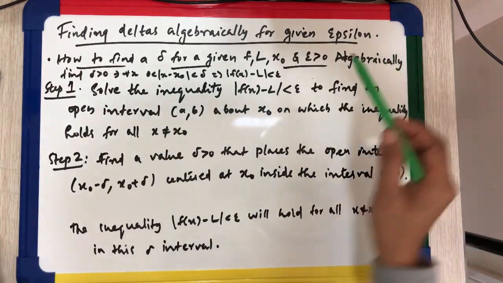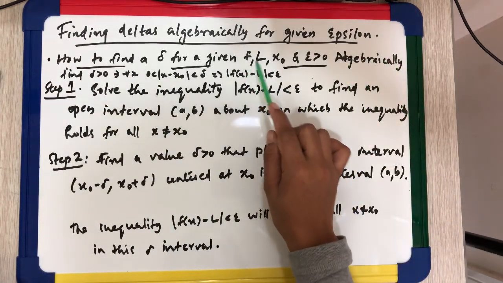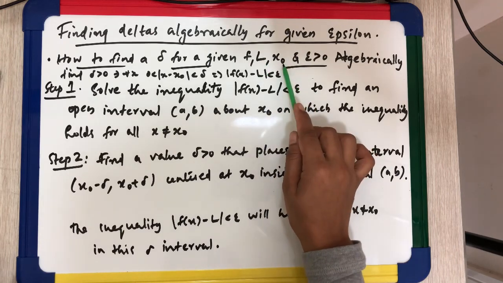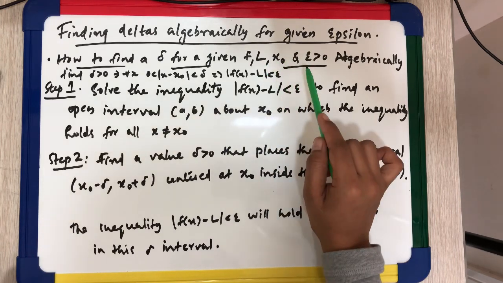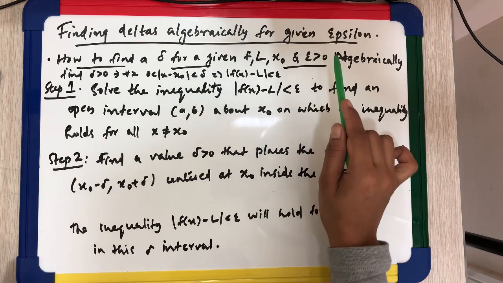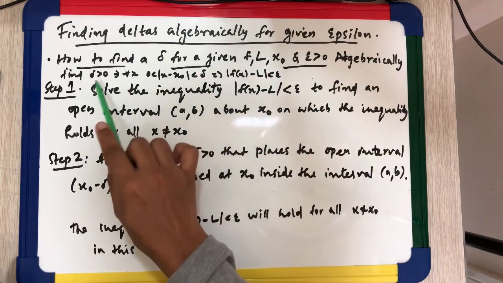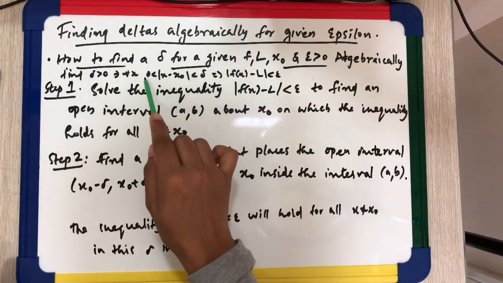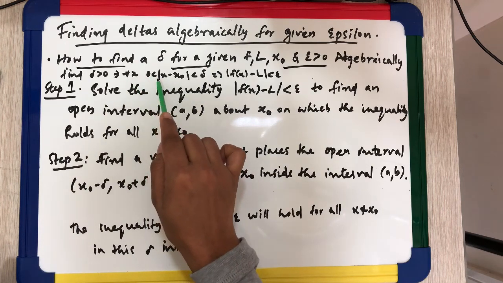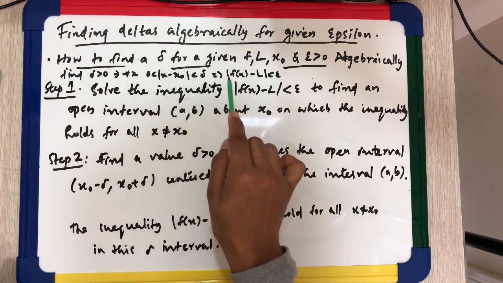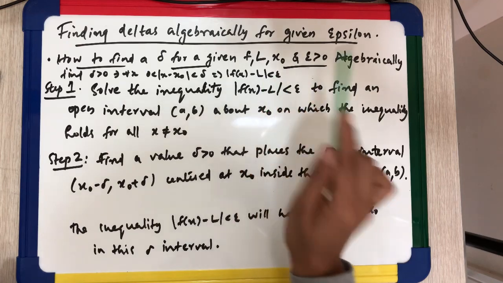If we are given a function f, the limit L and the point x0, and also the positive epsilon, we have to find a delta satisfying the condition, for all x, 0 less than mod x minus x0 less than delta implies mod f of x minus L less than epsilon.